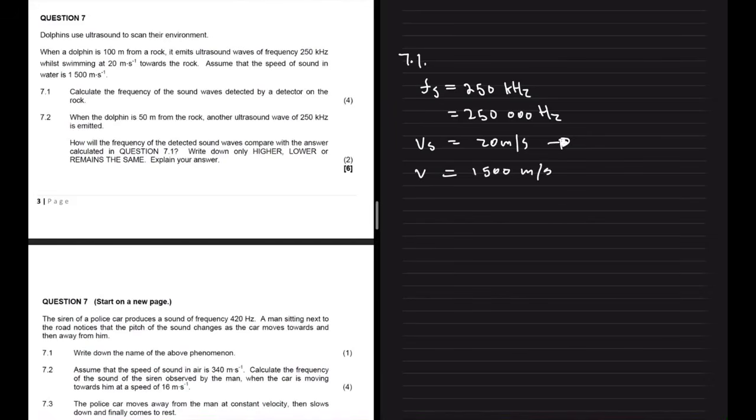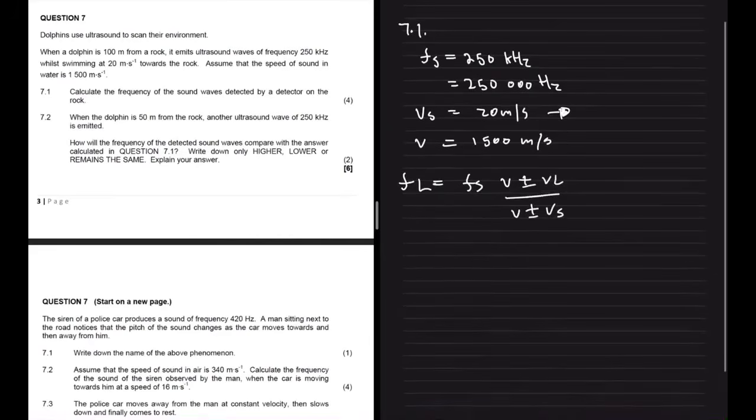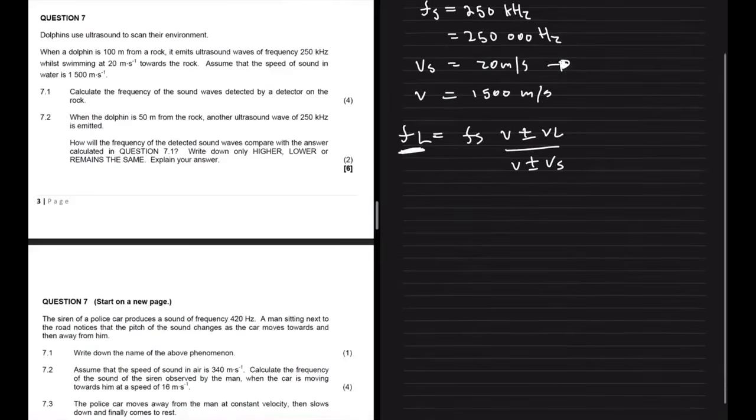Then we're supposed to calculate the frequency of the sound waves detected by the detector on the rock. So we have F of listener equals F of source, V plus or minus V of listener, divided by V plus or minus V of source. So we are interested in finding F of listener. We have everything else, so it's just a matter of subbing in what we have in the equation.